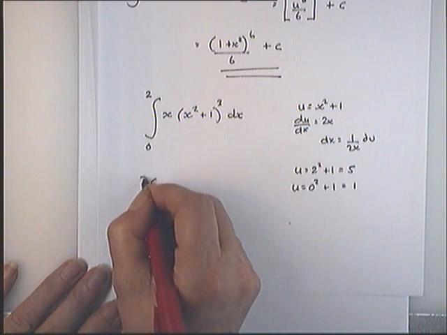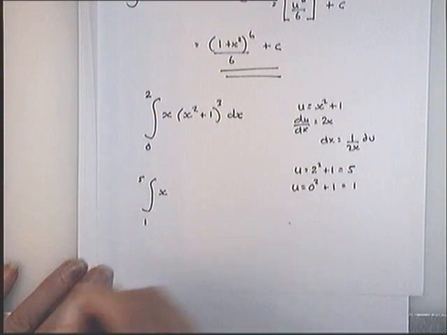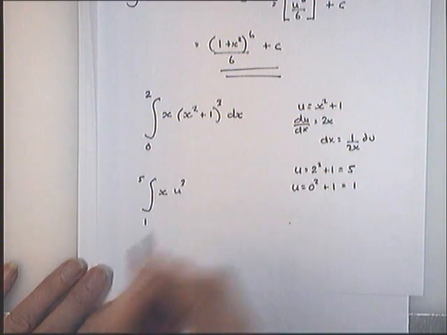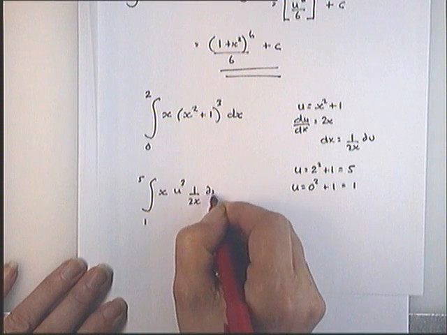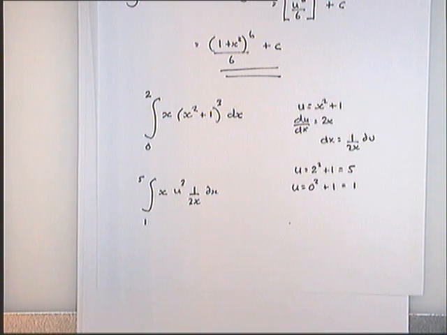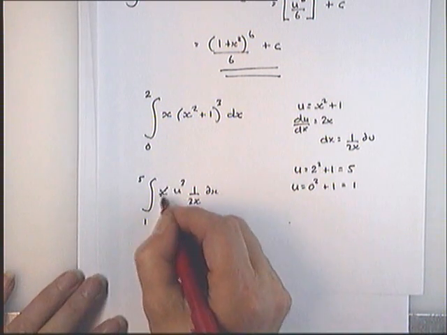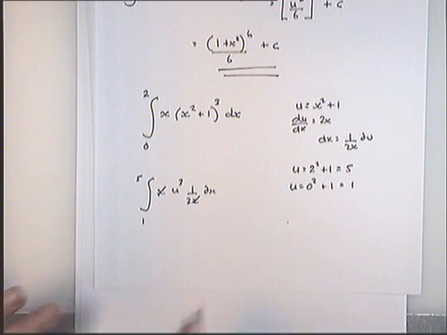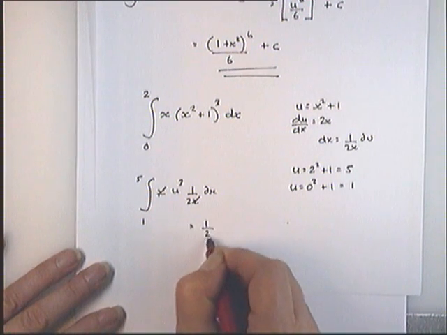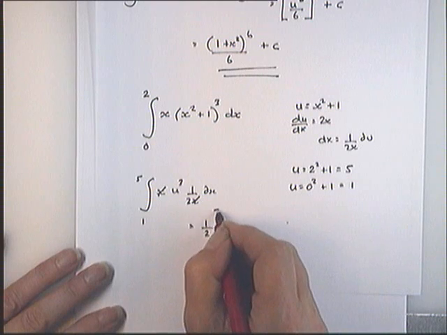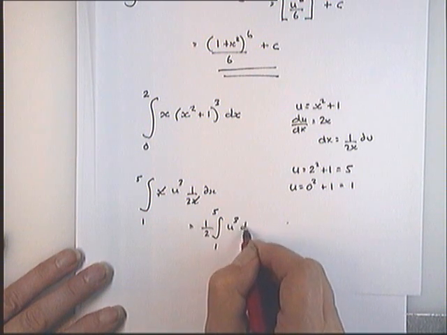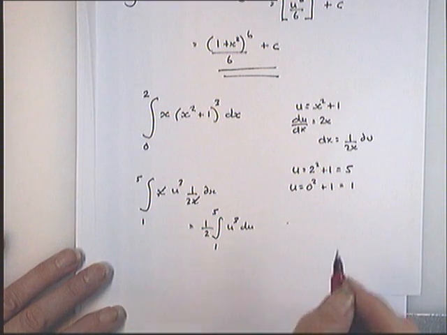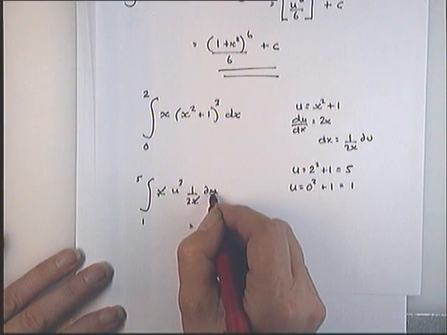The limits have become 1 and 5, x multiplied by this becomes u to the power 3, and dx is 1 over 2x du. This x then cancels, and this will simplify to half the integral between 1 and 5 of u cubed du.